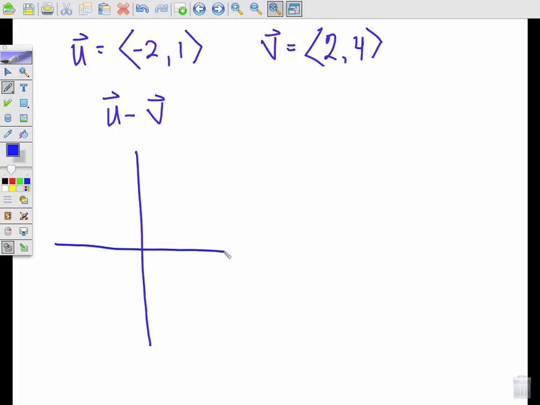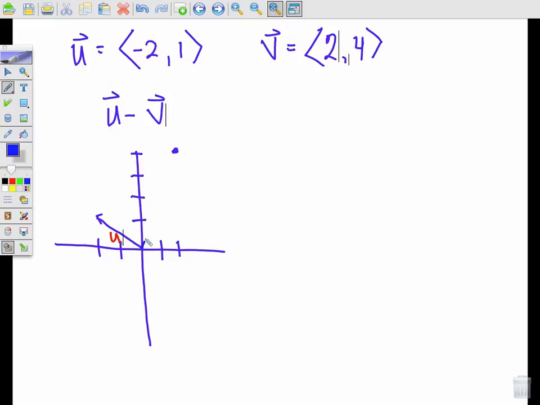All right, the first way that we're going to do u minus v is we draw vector u. Okay, so here's vector u.